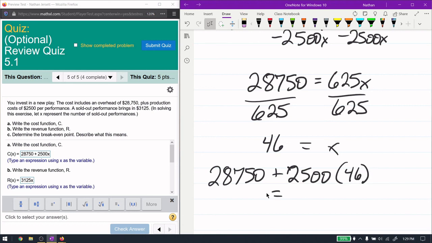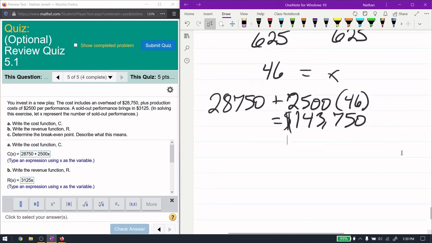This gives us 28,750 plus 2,500 times 46, a total of $143,750 as a cost for 46 plays.